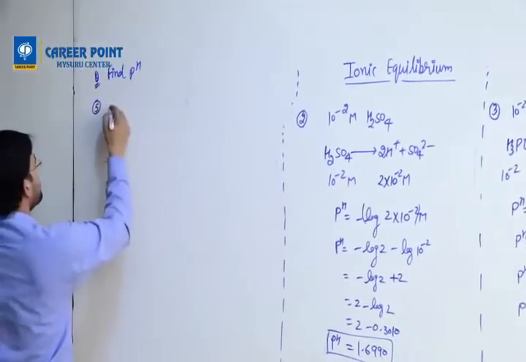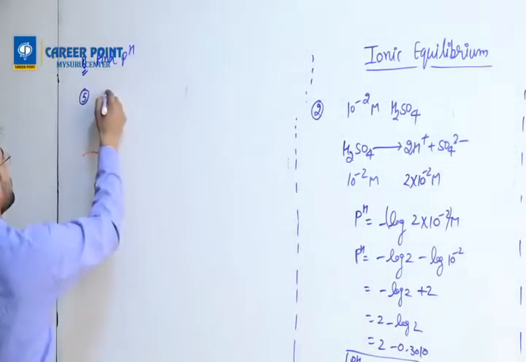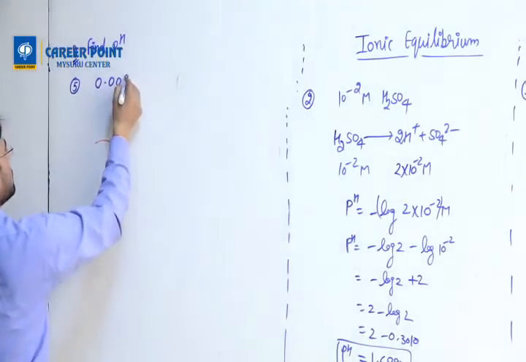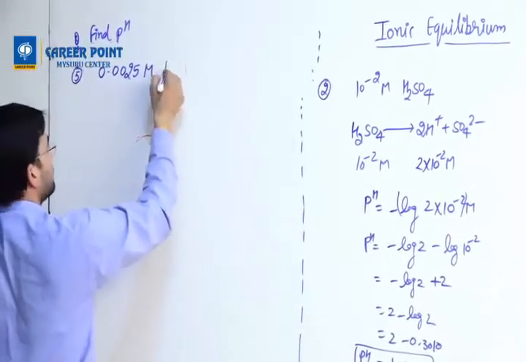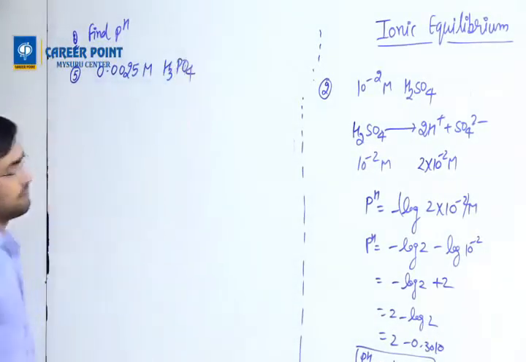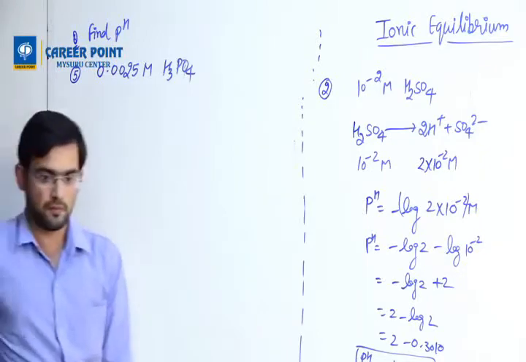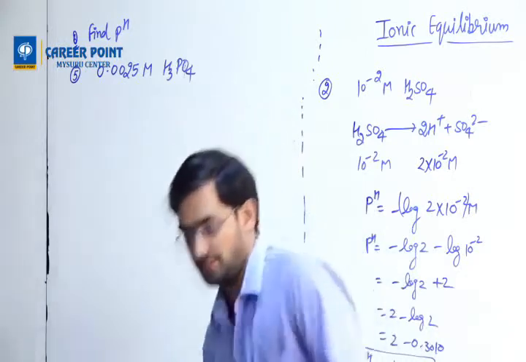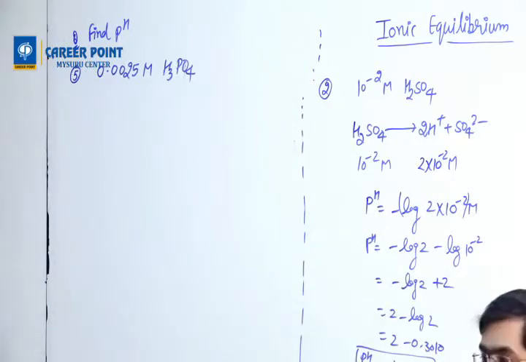Now the fifth question is 0.0025 molar H3PO4. Try this question fast.